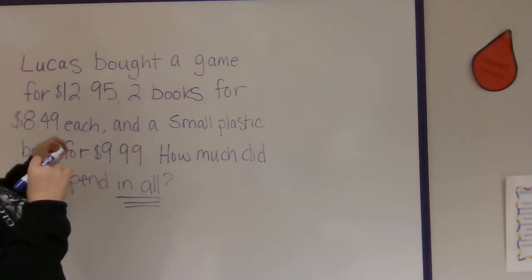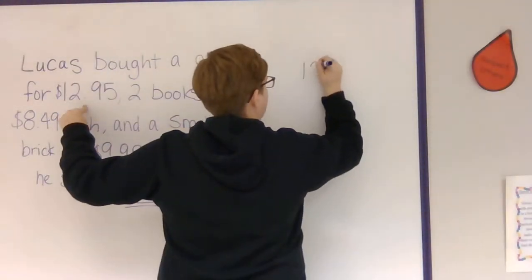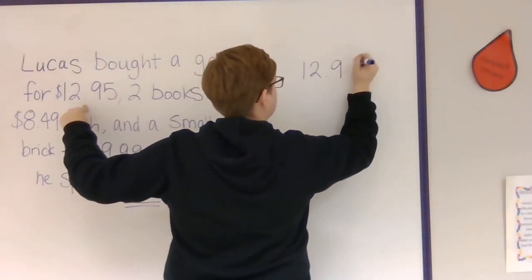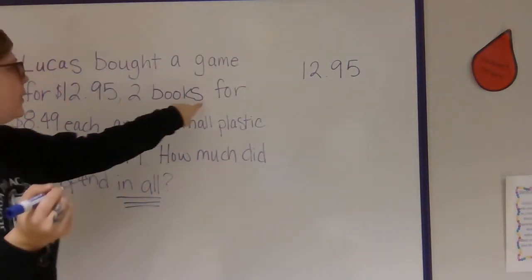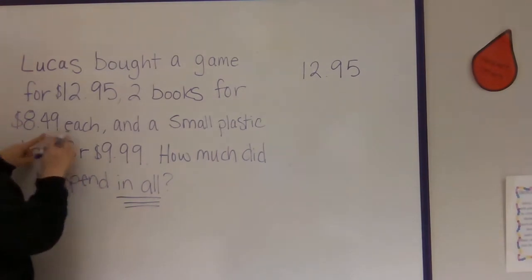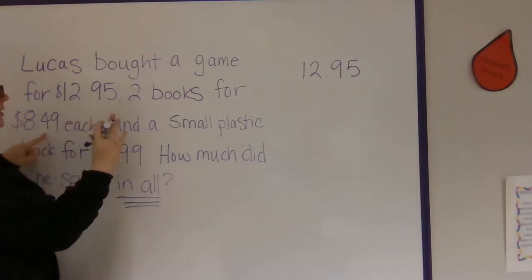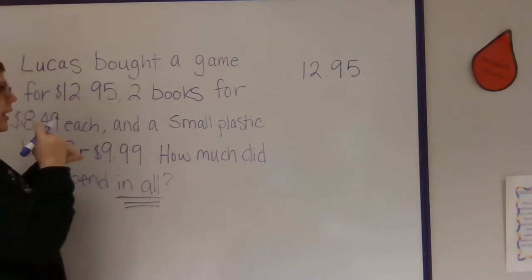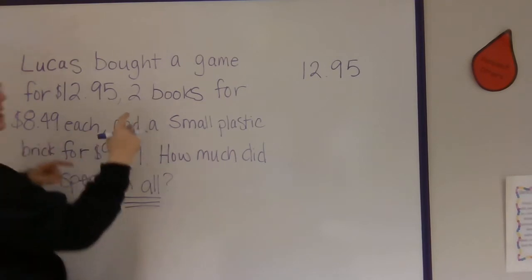So let's do that. He bought a game for $12.95. He bought 2 books for $8.49 each. That doesn't mean together, not 2 books that all together equal $8.49. It means 2 separate books that are each $8.49.